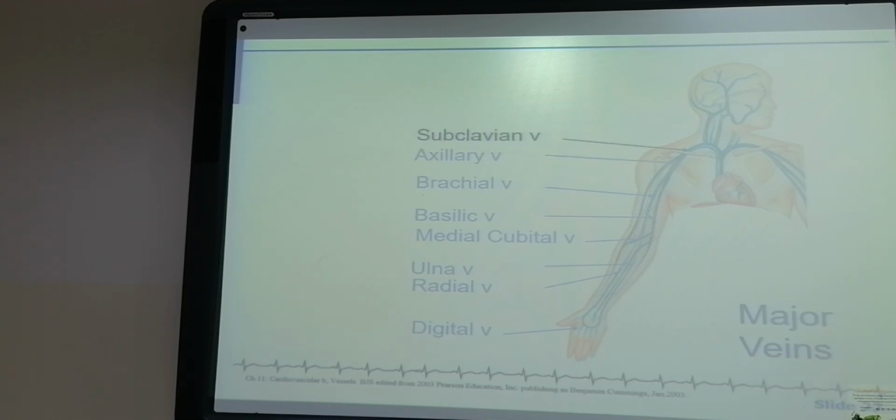Those will drain to the subclavian vein, then the brachiocephalic vein, then the superior vena cava, and then to the right atrium.